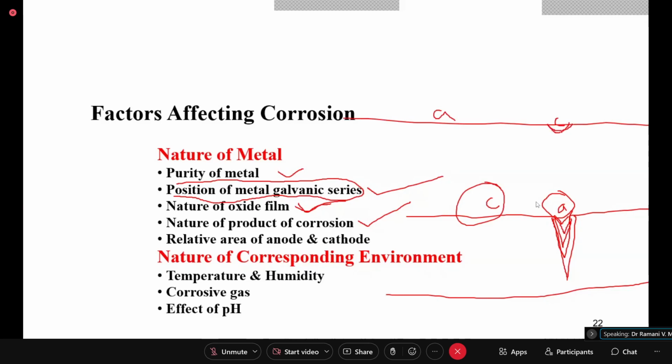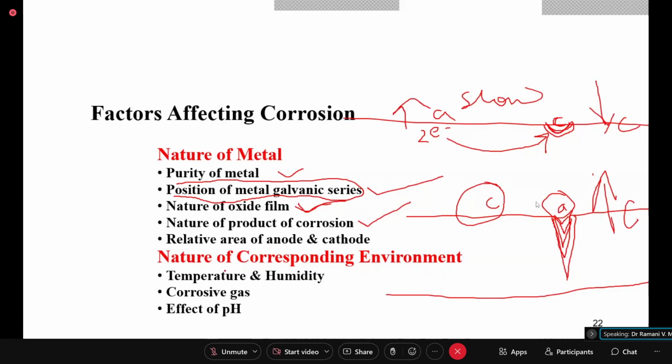Because with a small cathodic area, the electrons which are formed here at the anode will be consumed slowly, because of the very small area of the cathode. The rate at which they are consumed is slow, therefore the dissolution of metal becomes slow. So less corrosion takes place here, and more corrosion takes place in the other condition.